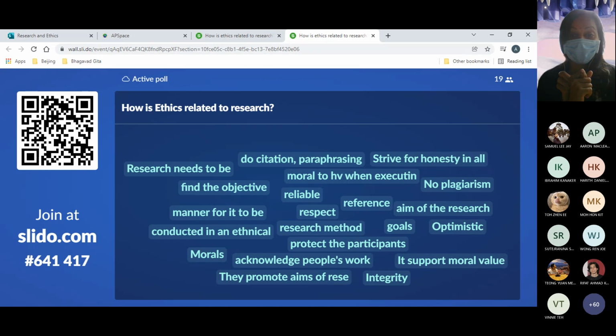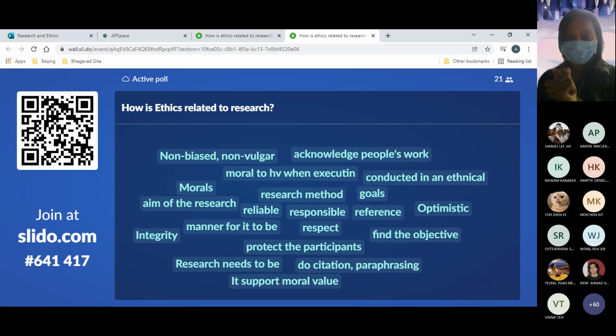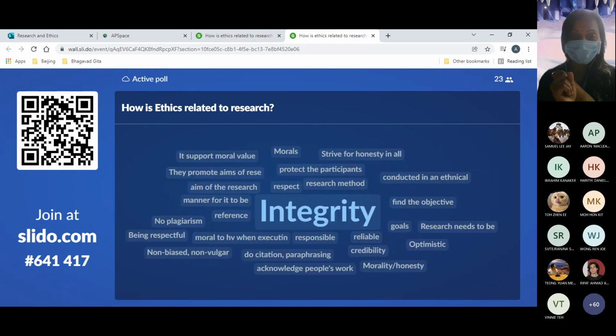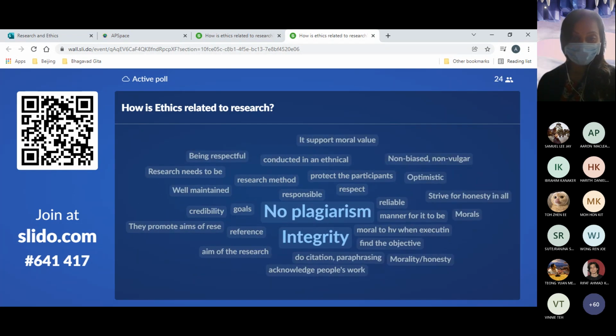What else? Acknowledging people's work, excellent. Morality, honesty, do proper citation and paraphrase, yes. Okay, so a lot of keywords, a lot of you have spoken about honesty, integrity. All right, that's a very important keyword there.